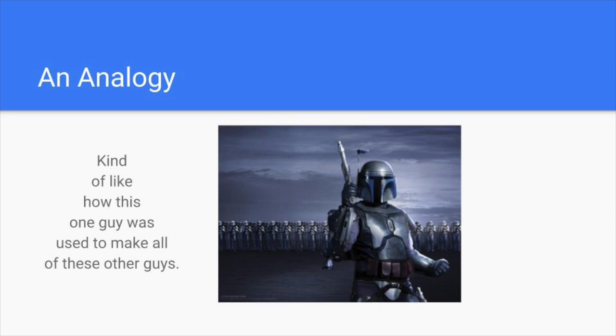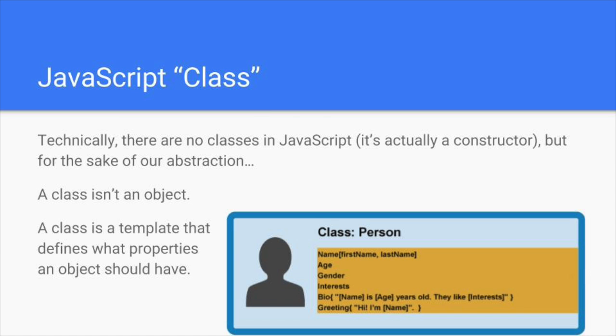Okay, so here we have a class. It looks like our original person object, but it's not an object. No, this is a class, a template that defines what properties our objects should have. The class can create endless instances or similar copies of itself. We call these creations object instances. Object instances contain constant data and functionality as defined in the class.